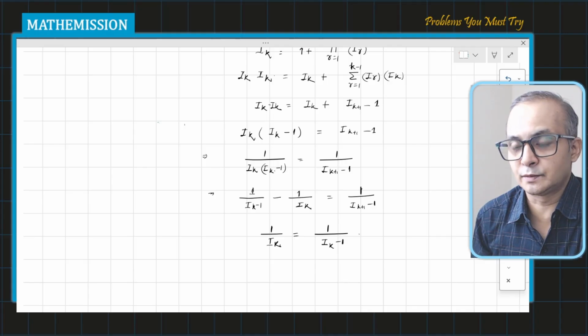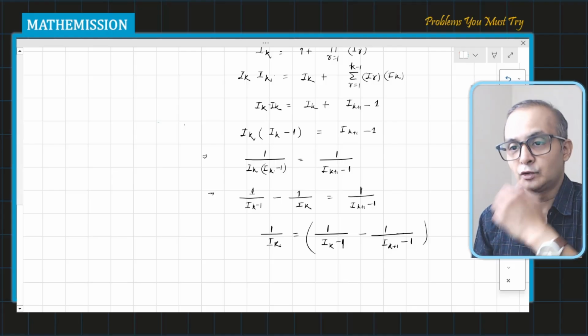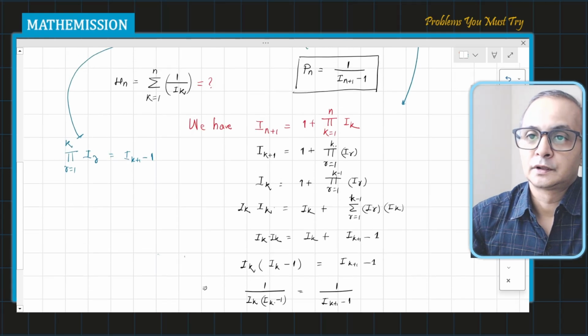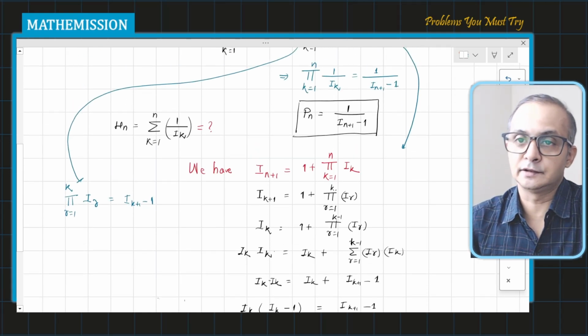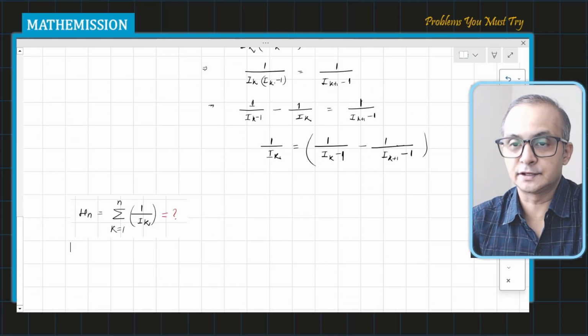This is not k minus 1, by the way, you understand. And so 1 by i_k plus 1 minus 1. Now you notice that this is exactly the telescopic we are looking for. So I can write this in place of 1 by i_k here in the h_n. So I'm taking this h_n here and again substituting these values and summing up.